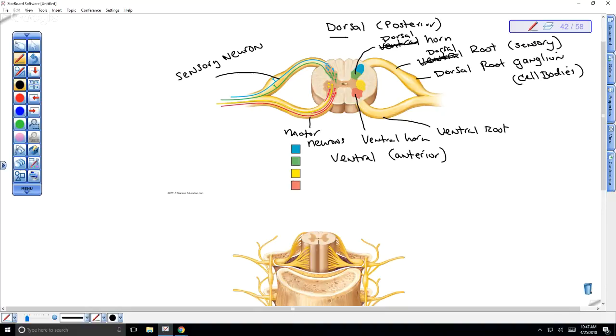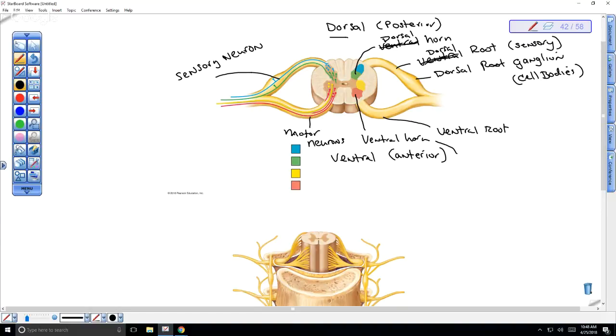This is a cytoplasmic extension that extends out to all of your skeletal muscles, and can cause contraction of the skeletal muscles. So this is actually why the dorsal horn is smaller than the ventral horn, because the dorsal horn has its cell bodies here. The ventral horn has all of its cell bodies here. So that's why the ventral horn is bigger.